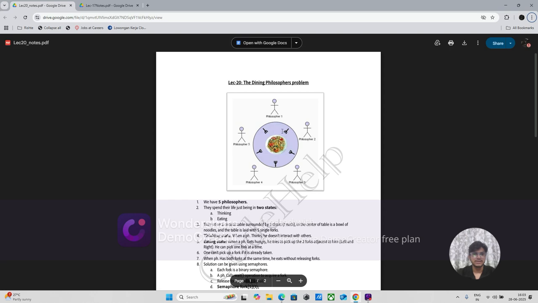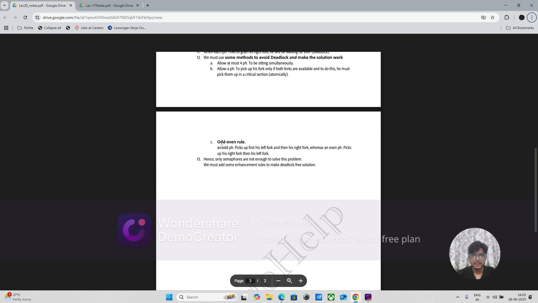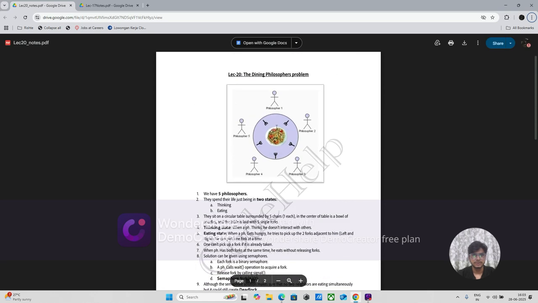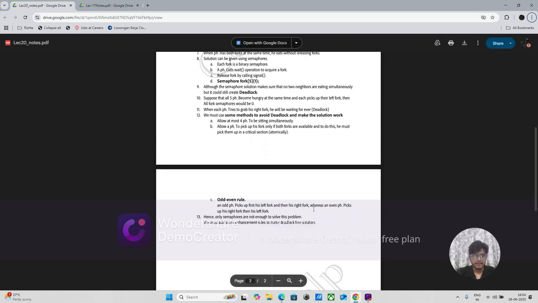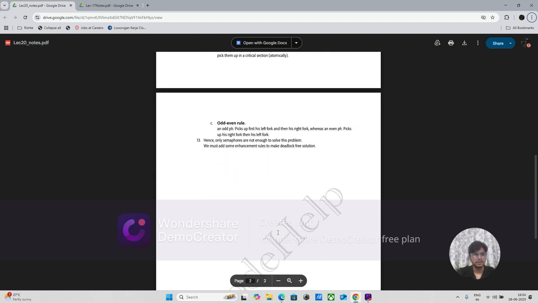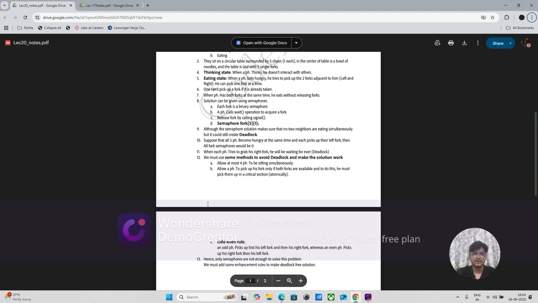An odd philosopher picks up his left fork first, then his right fork, whereas an even philosopher picks up his right fork first, then his left fork. In this way you can avoid deadlock. So with these three solutions we can avoid deadlock.